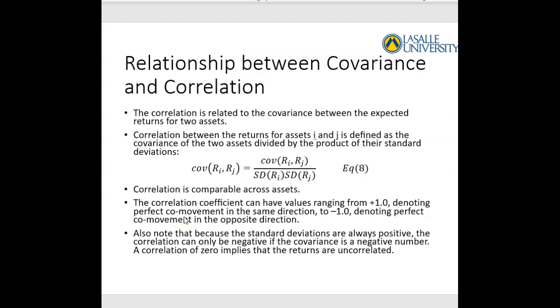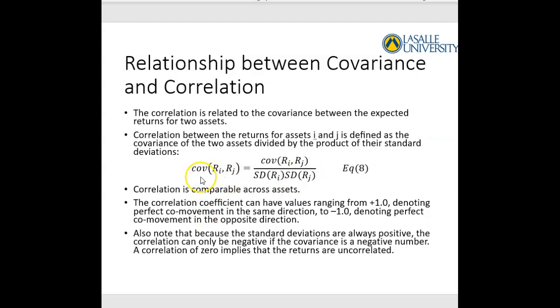They both move in the same direction perfectly, whereas -1 denotes perfect co-movement in opposite directions. So if Ri goes up, Rj will go down. Also note that standard deviations are always positive because they're squared values, so you never get a negative standard deviation number. The only way correlation is going to be negative is if the covariance of the two assets is negative.